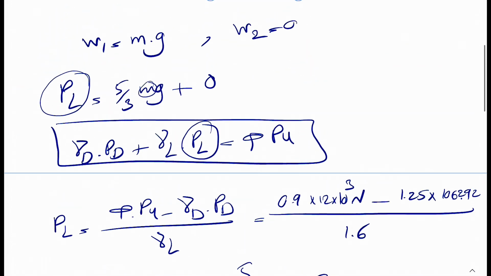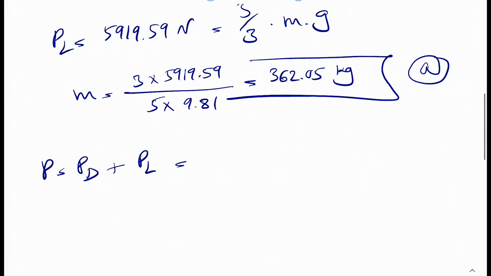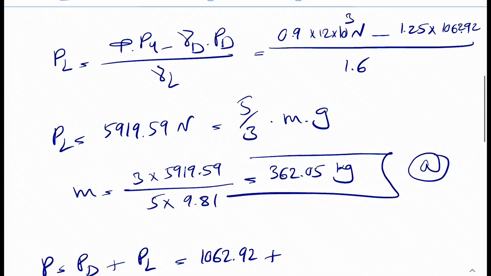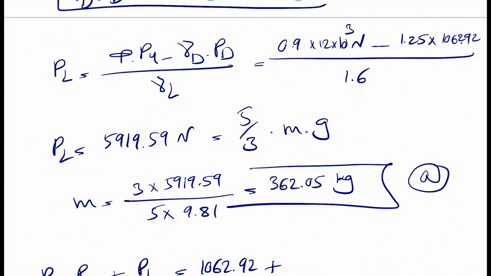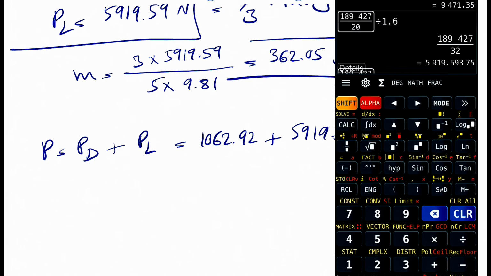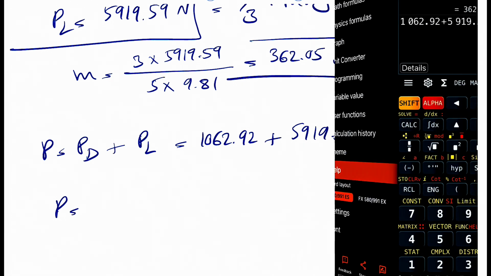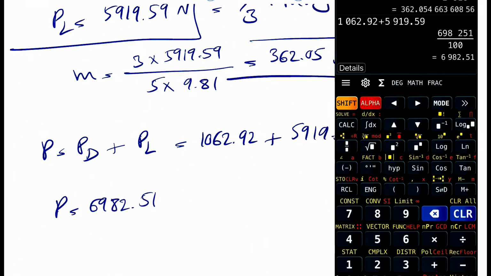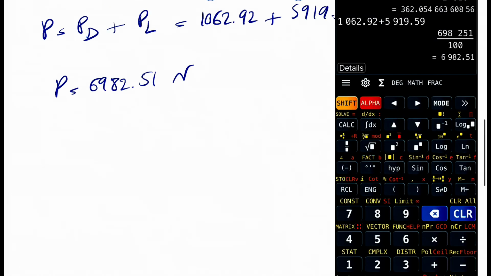The dead load was 1062.92 plus PL, which we found from our design criteria, 5919.59. So let's see what we get. Our P will be 6982.51 newtons.